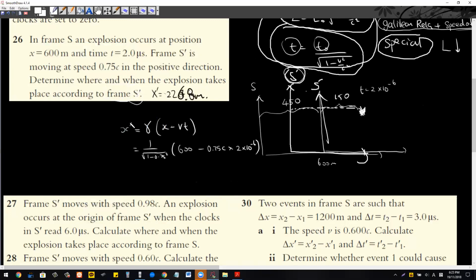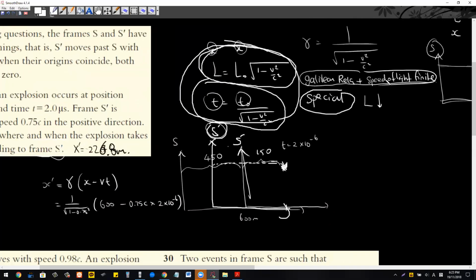Without relativity, it would take the same amount of time.